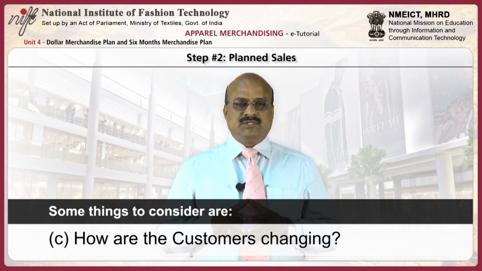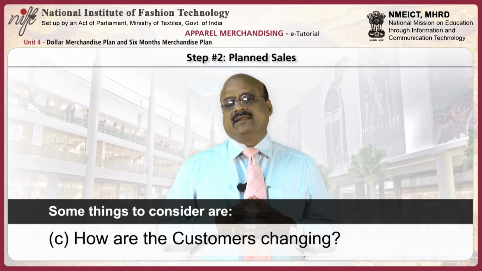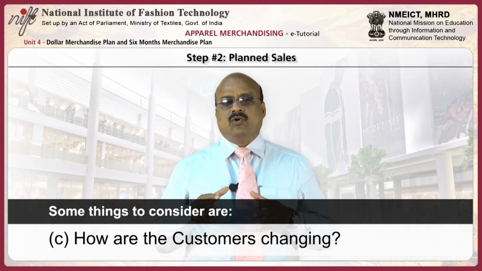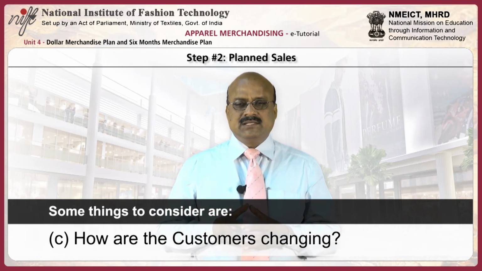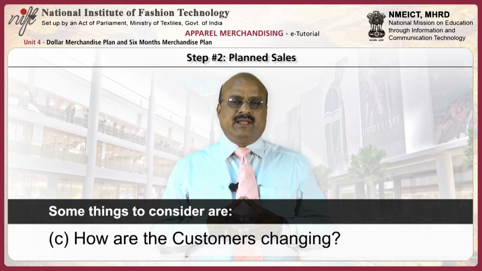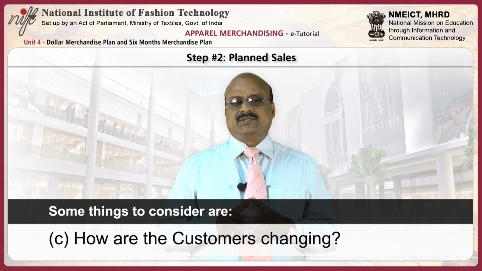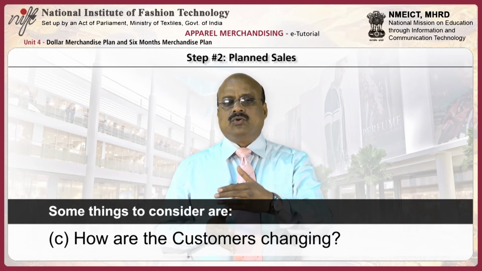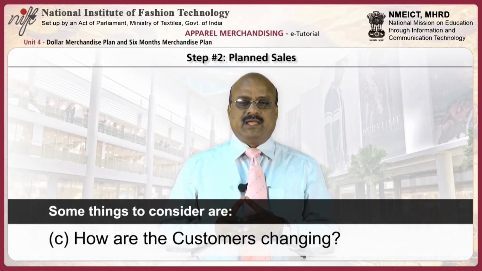How are the customers changing? This has more impact on planning at the class level and is more noticeable in the areas of fashion. Are there new styles or markets that pose either an opportunity or a threat to this class of merchandise? Consider the case of a family shoe store where western boots as a class was expanding.